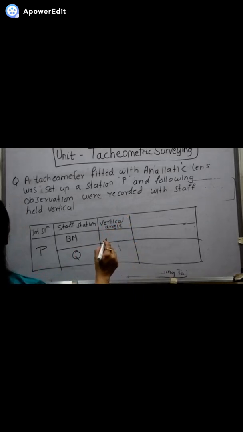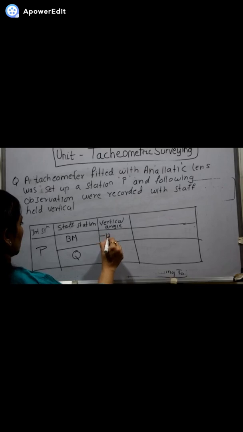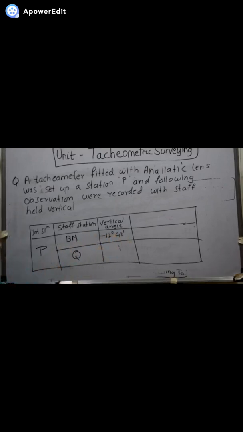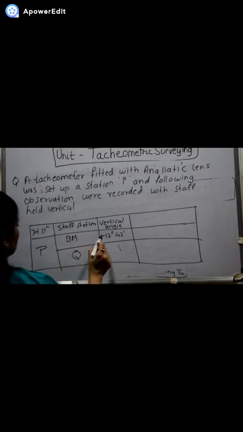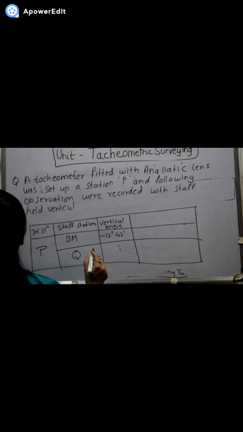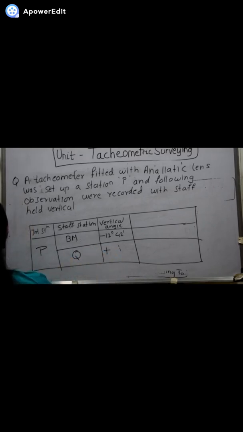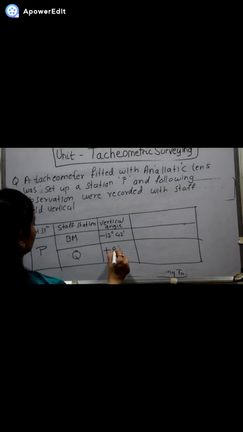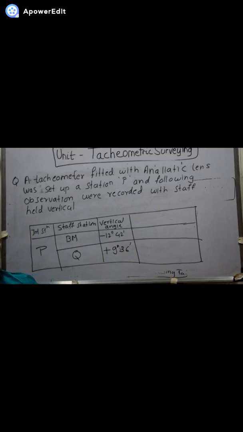The first vertical angle is negative, that is 12 degree 42 minutes. This indicates that it is a depression. Okay, staff is kept in a depression. And there is another angle which is a positive angle, that is 9 degree 36 minutes. This means that this is the angle of elevation.